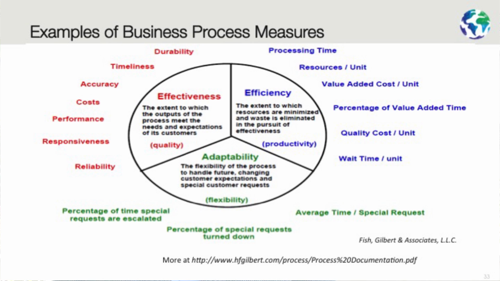Business process measures are usually divided in three groups: effectiveness, efficiency, and adaptability. This slide shows you some examples of measures related to effectiveness, efficiency, and adaptability.